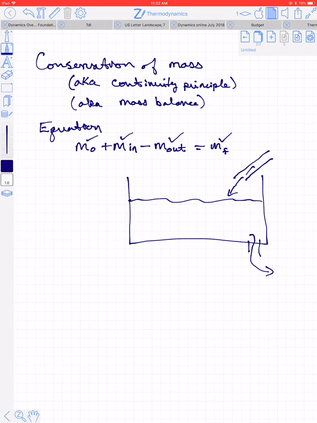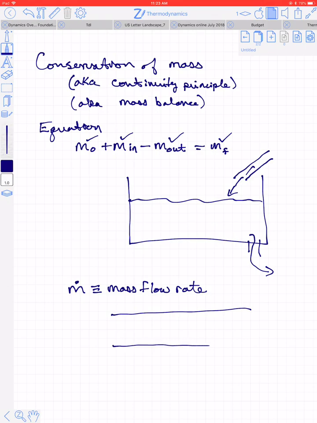Now, it isn't just that simple, because we often account for mass that is flowing. When mass is flowing, we denote that with a dot over it, and we call that mass flow rate. When mass is flowing, we typically have it flowing in a duct or in a pipe.